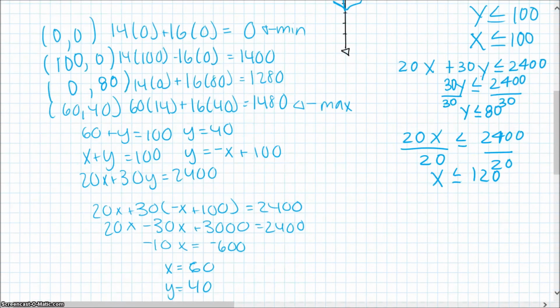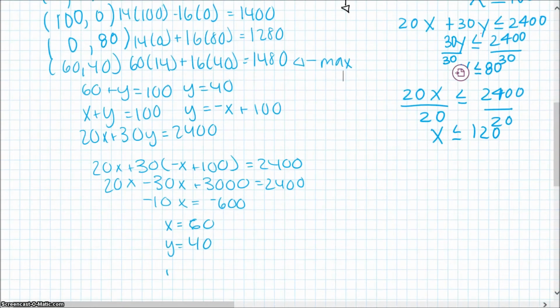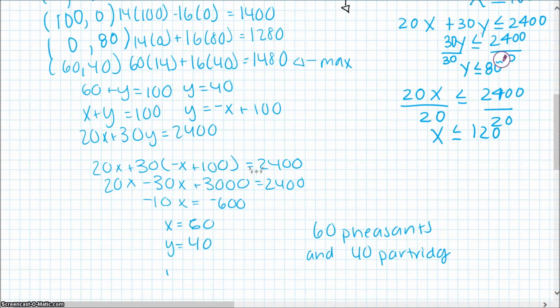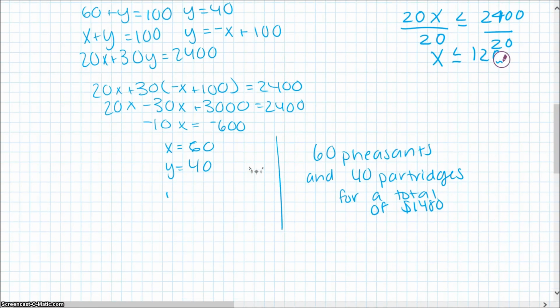But since we are just looking for the maximum profit, our answer would be 60 pheasants and 40 partridges for a total of $1,480. And that is the answer.